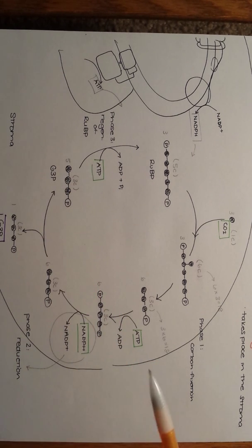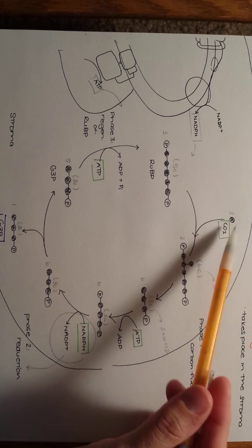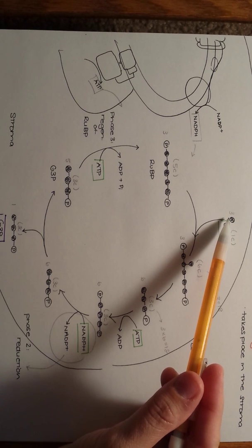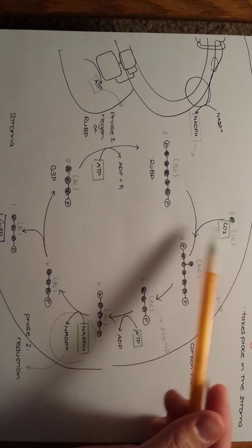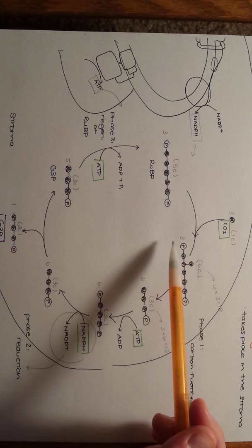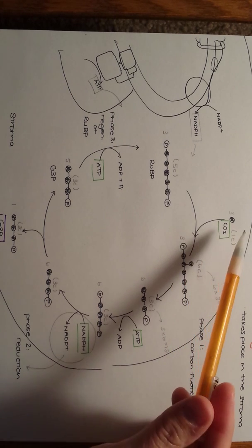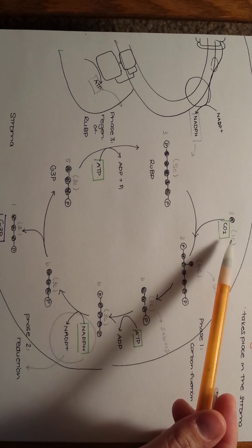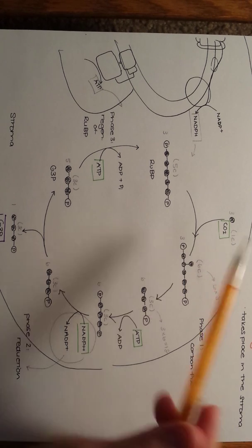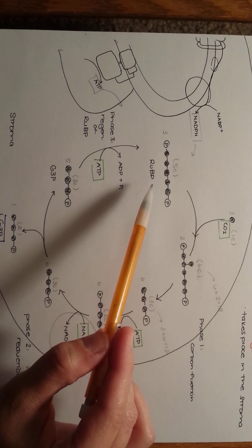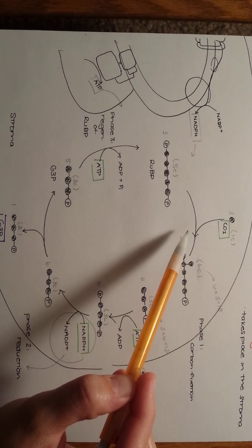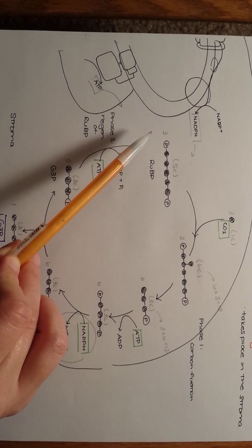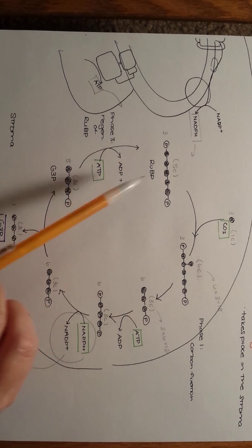So what I really want you to notice is that we have carbon dioxide going in, and we actually will have 3 molecules of carbon dioxide going into this process, and with each of these 3 molecules of carbon dioxide, you only have 1 carbon. So then if you look over here at RuBP, which is ultimately what our carbon dioxide is going to combine with, there would be 3 of them, one in each turn of this cycle.